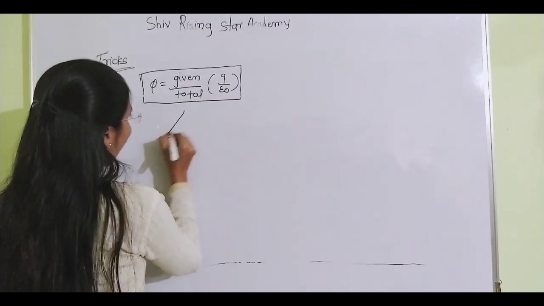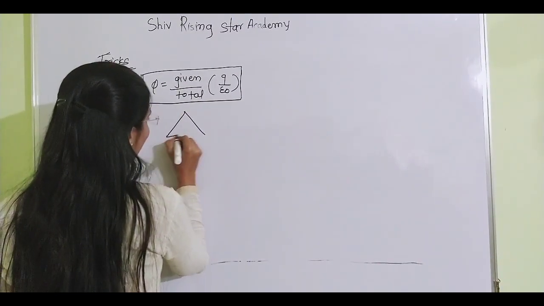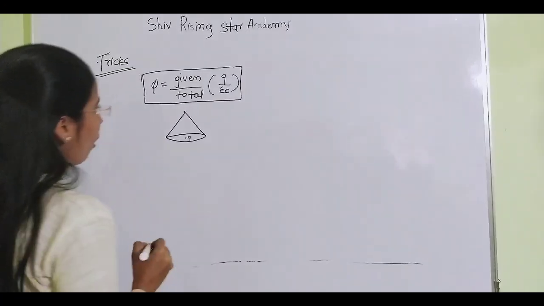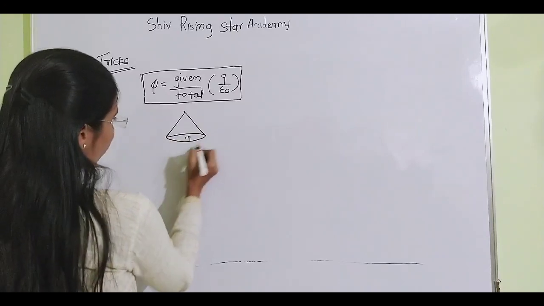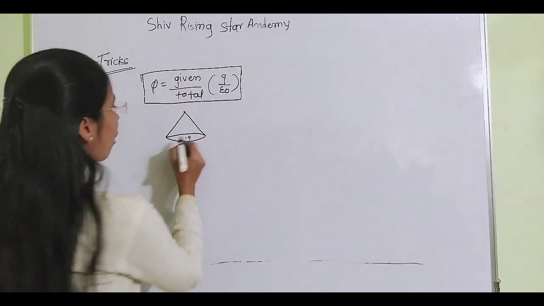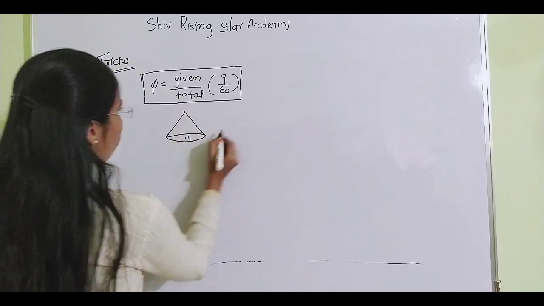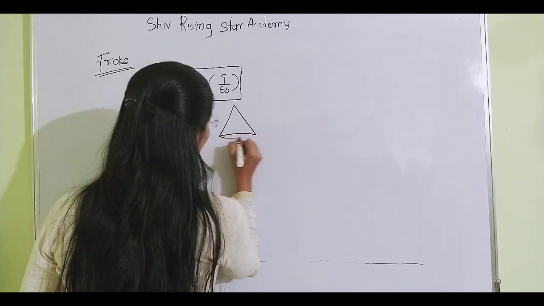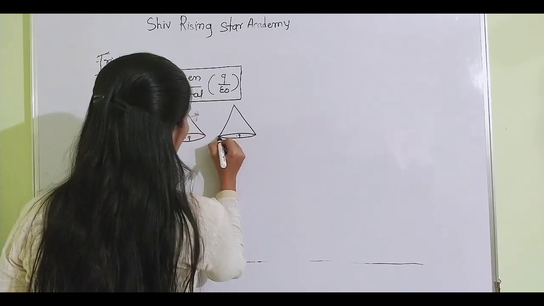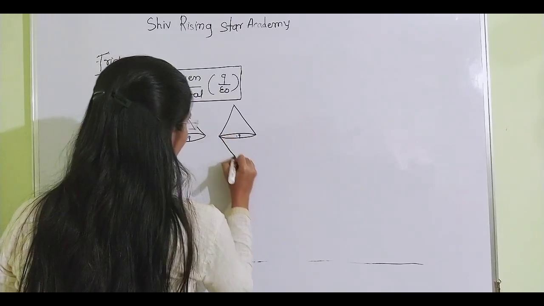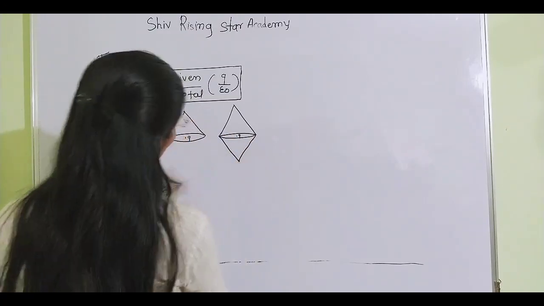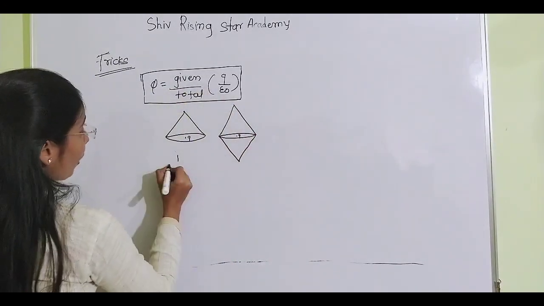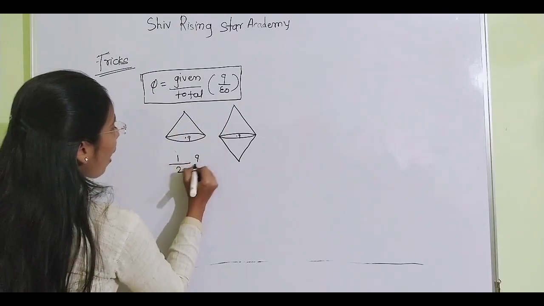Similarly, suppose we have a cone and the charge q is here. For complete enclosure of this charge q, we require another similar cone. This is our given cone, and this is the charge. We have been given one surface, and in total two surfaces are required, into q by epsilon.